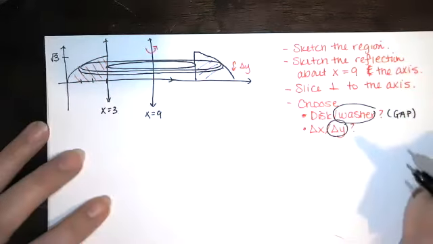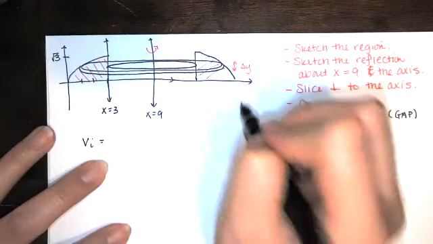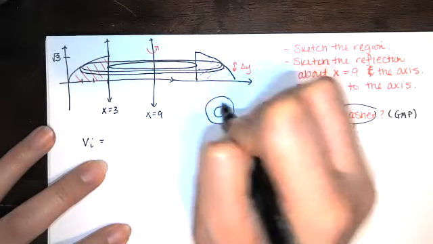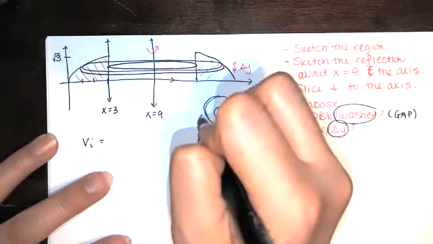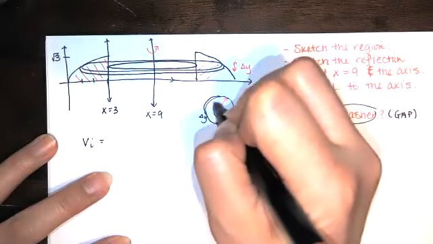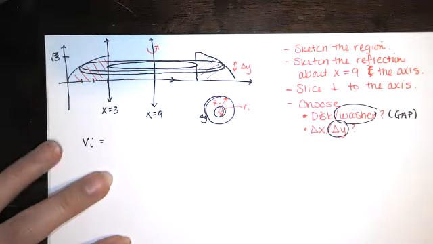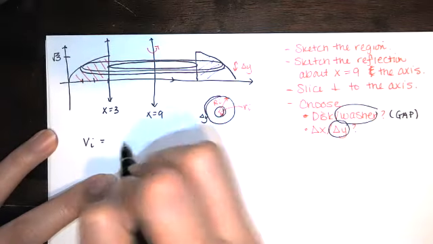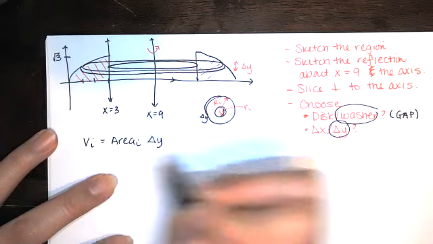Okay, so now we need to state the formula for the volume of a washer. I'm sorry for the awful picture of a washer. We've got that right there. The outer radius is denoted by capital R. The inner radius is denoted by lowercase r. Volume is going to be the area of that face times delta y.